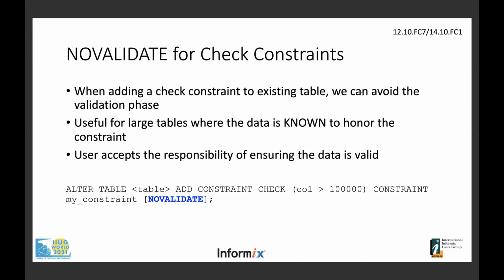So, you know, if you added a check constraint, it would go validate all the data. And so now if you want to forego that step, you can use the no validate option. And of course, the risk you take with doing that is you've now accepted responsibility that all the data is valid and correct. So that's 12.10 FC7, 14.10 FC1.